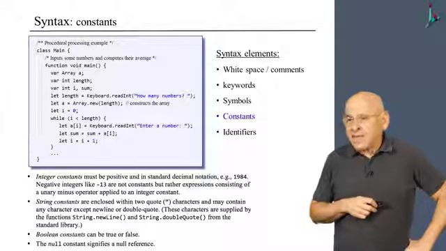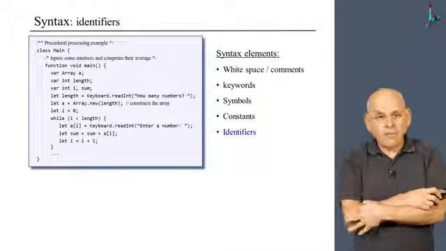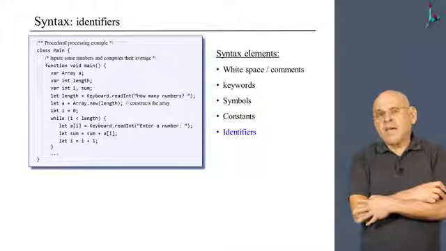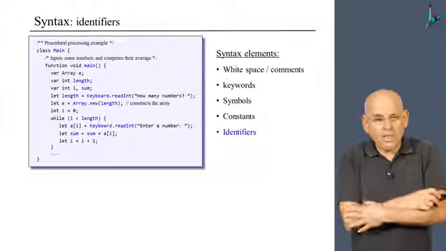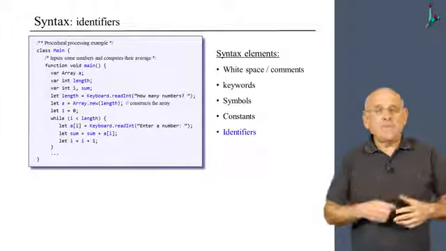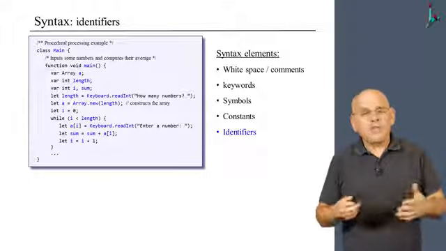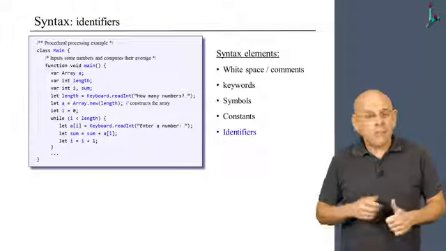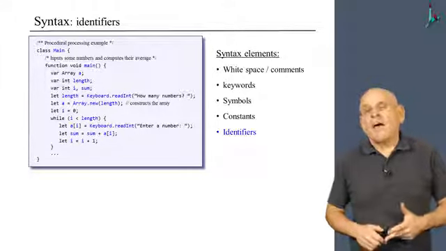Identifiers are actually the bulk of any program that you see. In this example, as usual, most of the code is identifiers. The identifiers are the names that the programmer invents when he or she creates variables, classes, and methods.